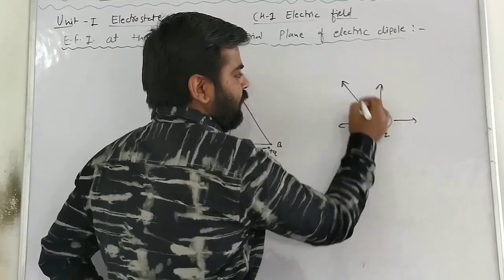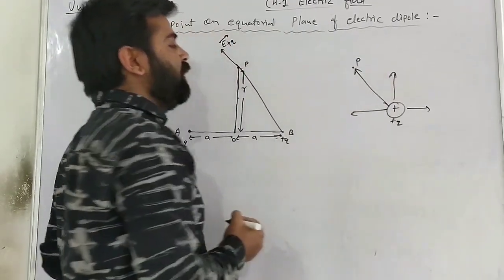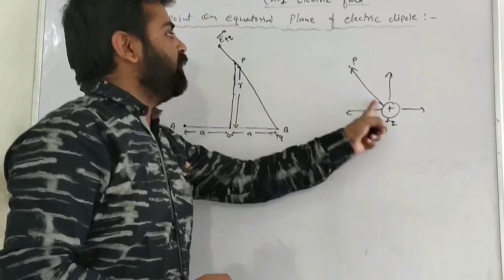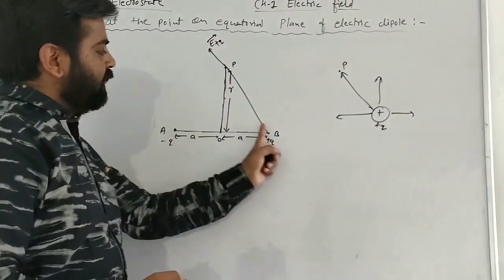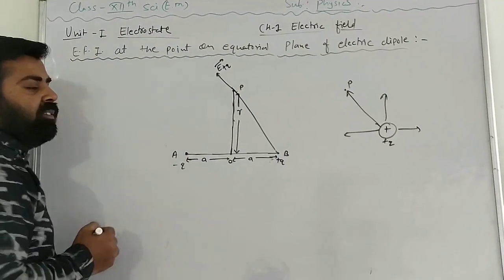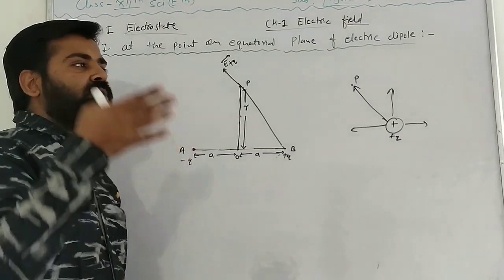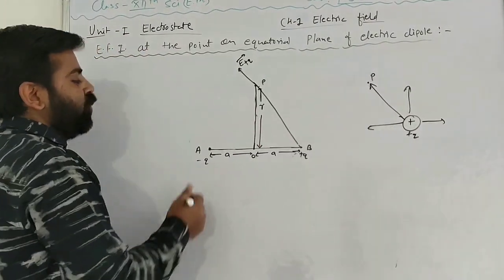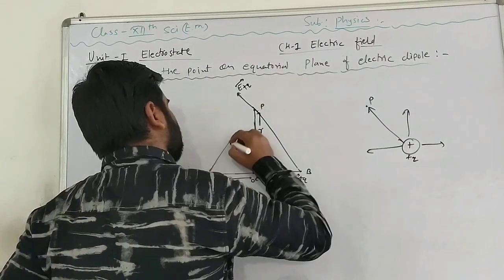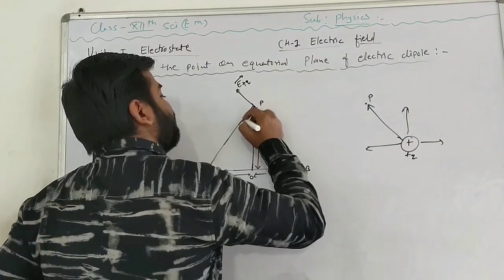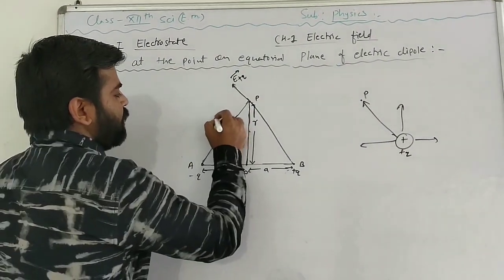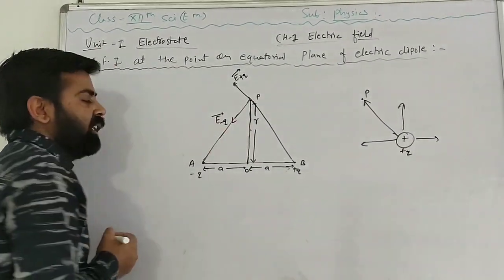In the previous class, I discussed that electric field intensity is always towards outside. Here is the plus Q charge and here the point is P, so the electric field intensity direction is always towards outside. And due to minus Q charge, the electric field intensity direction is always towards inside, or towards the charge, and is represented by E minus Q vector.